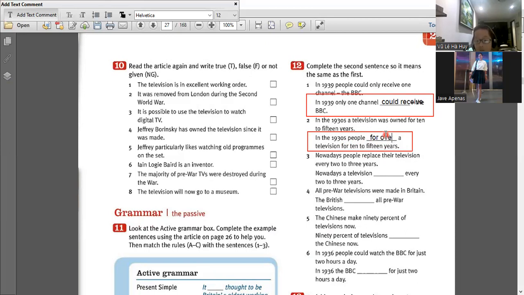No. Again. Okay. Owned. This one? Yes. In the 1930s, people owned a television for 10 to 15 years. Okay. Number 3.